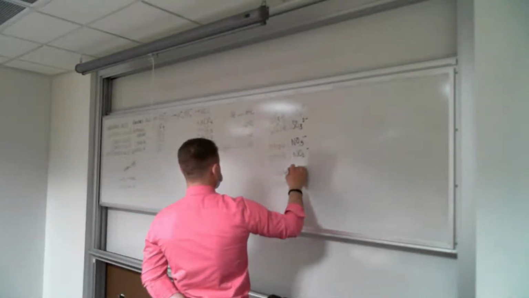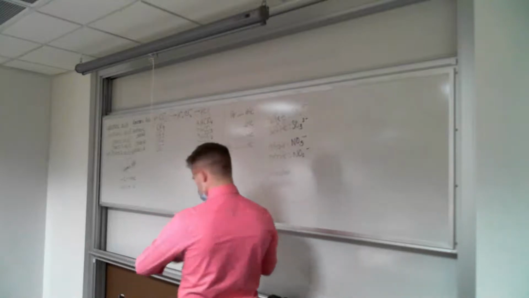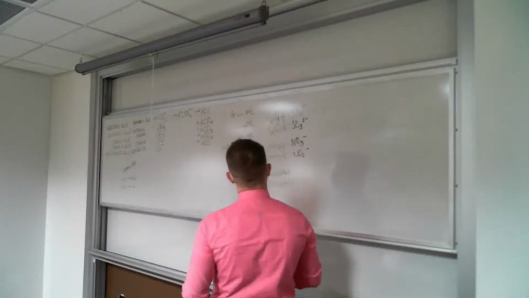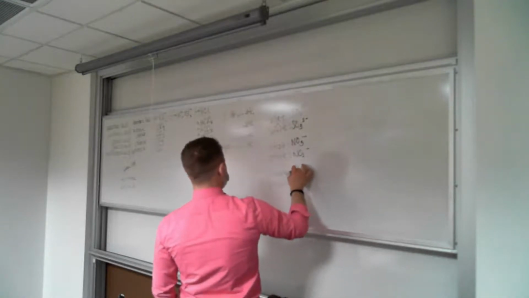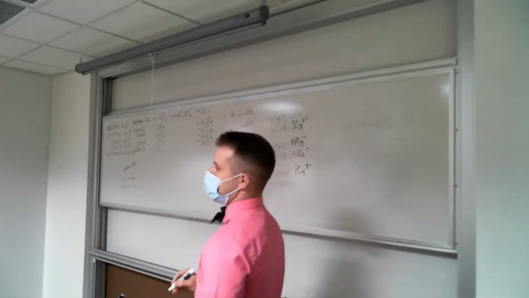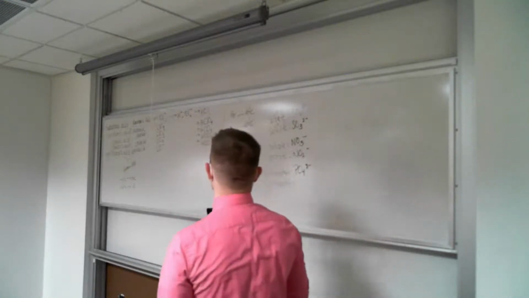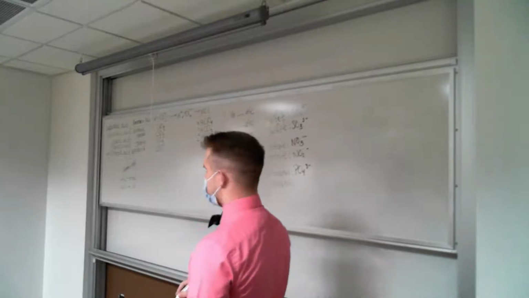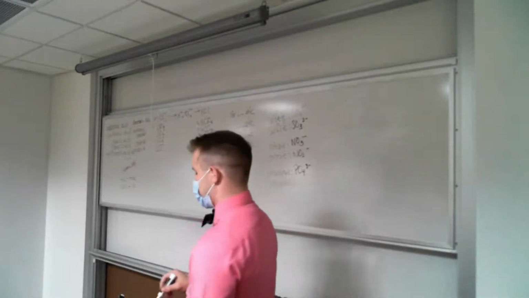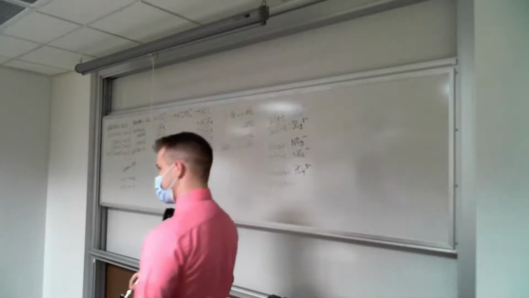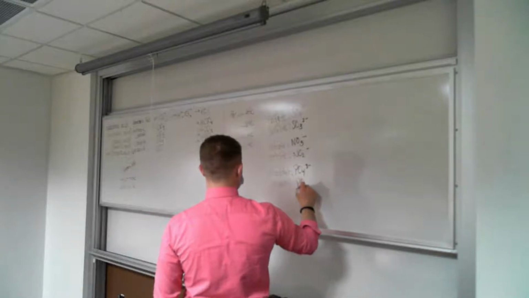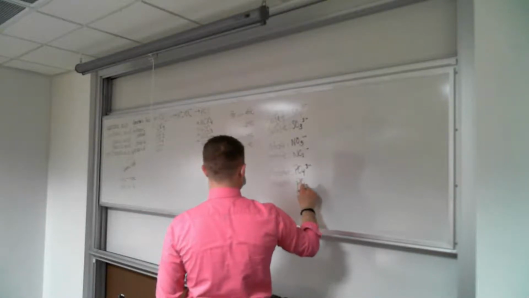Phosphate is PO4 3 minus. So what is phosphite? PO3 3 minus.